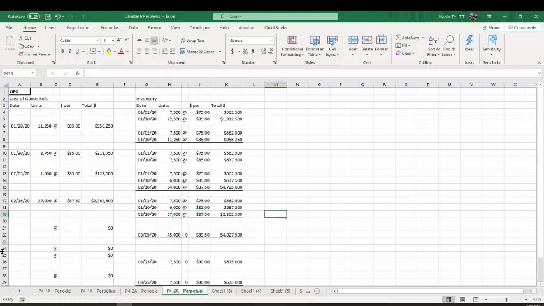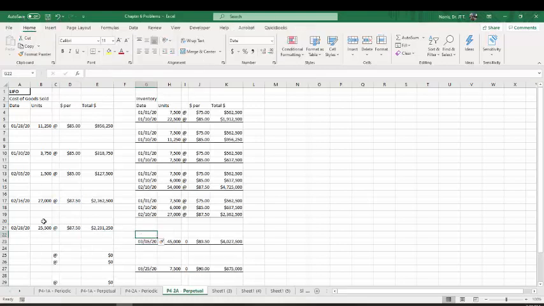Then on February the 28th, we're going to sell 25,500 units. And that also is going to come from the $87.50 batch. So what does that leave us?